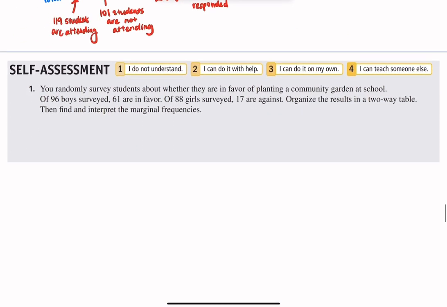All right, self-assessment. Take about 4 minutes to make your own two-way table and interpret the marginal frequencies.